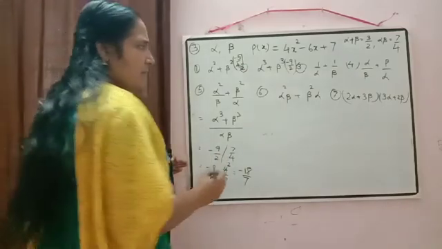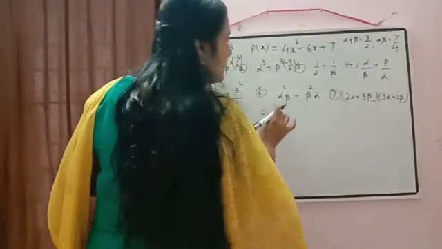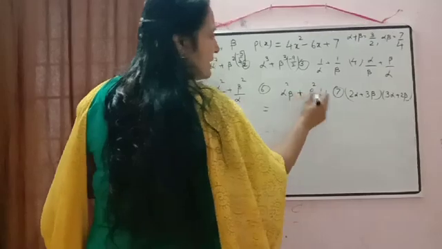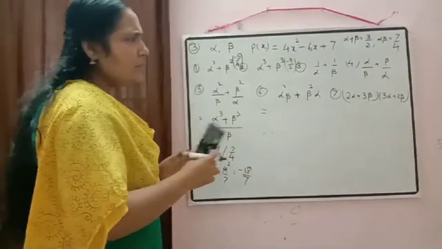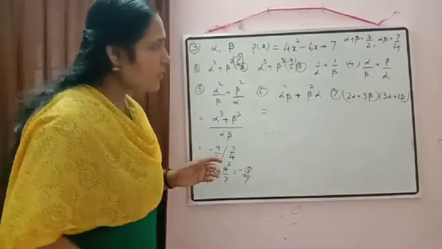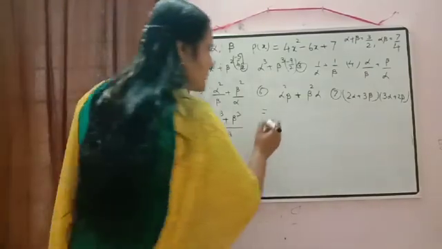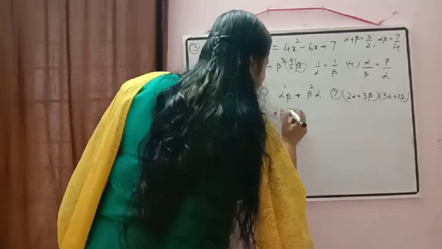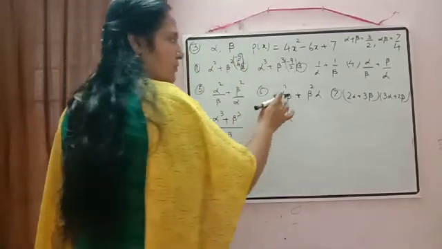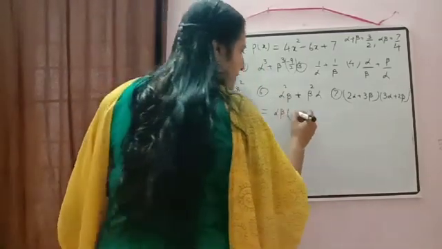Now sixth one we can check how we can do this one. Alpha square beta plus beta square alpha. We don't know the value of anything. Any common factor is there in these two terms? Yes, alpha beta is common. Take it outside. Alpha beta taken common. So one alpha taken common and one beta also taken common.